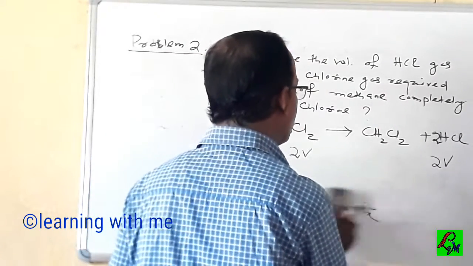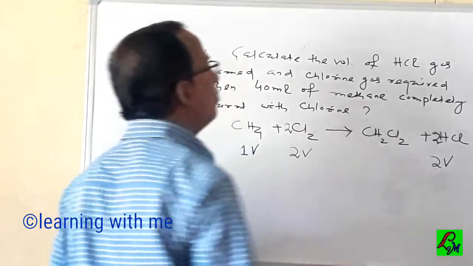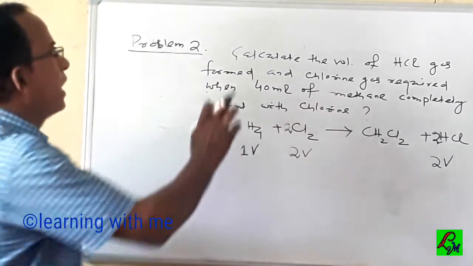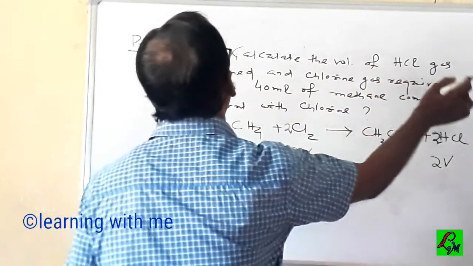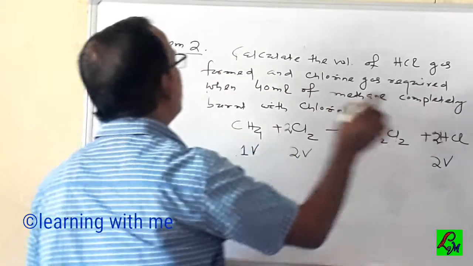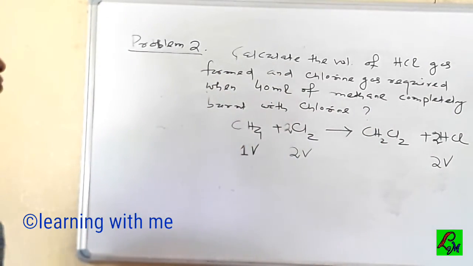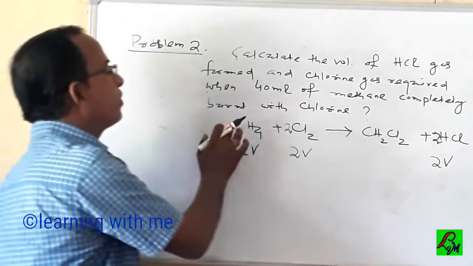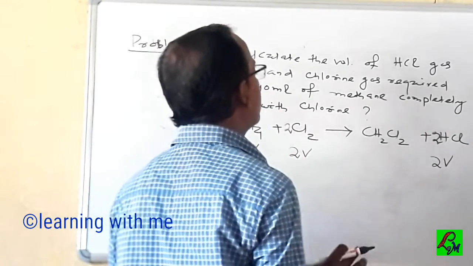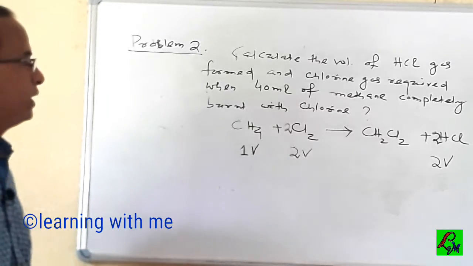But another question is, calculate the volume of HCl gas formed and chlorine gas required when 40 ml of methane completely reacts with chlorine. So CH4 plus Cl2, this is the equation. We have to find out the volume of chlorine required.